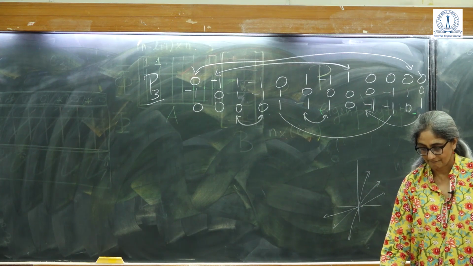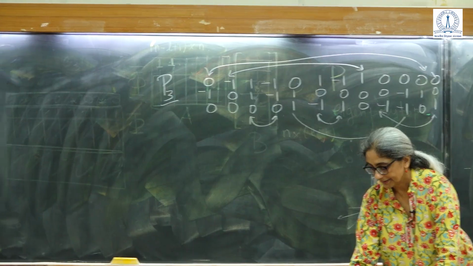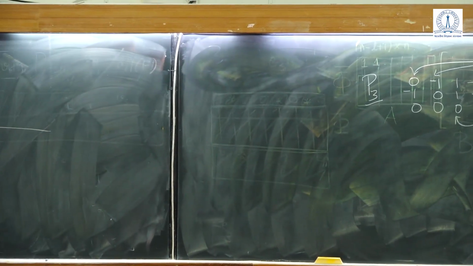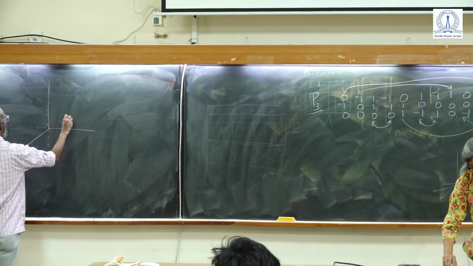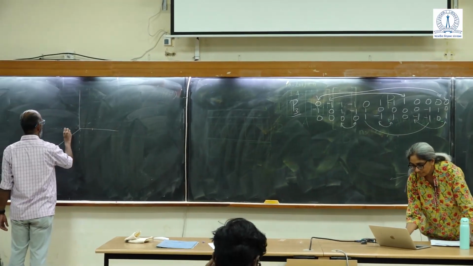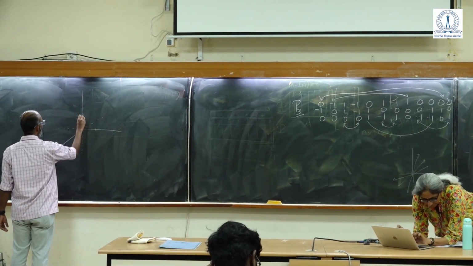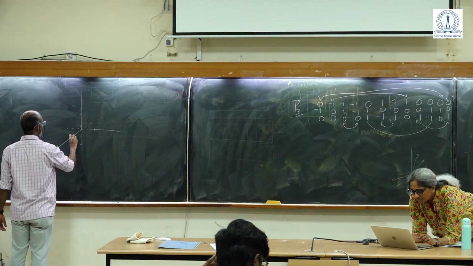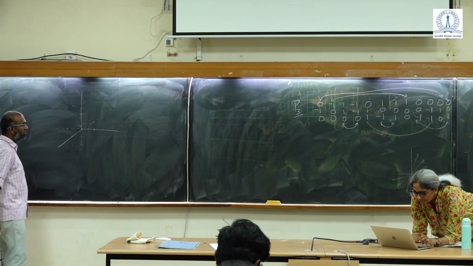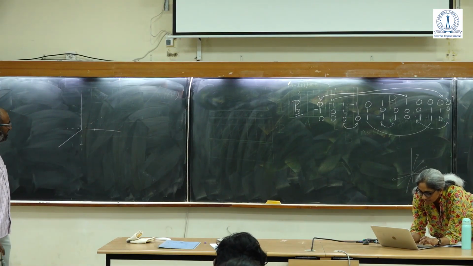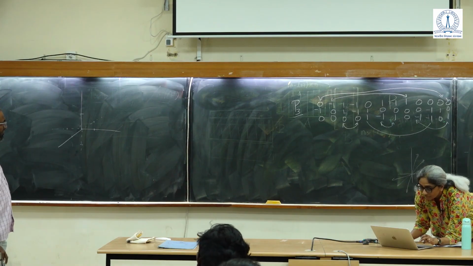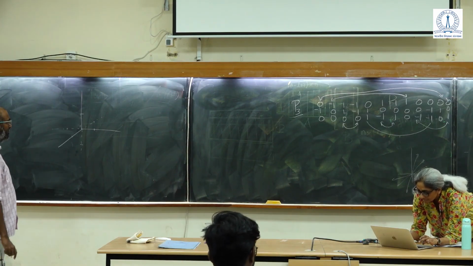We have E1, E2, E3, right? So we have the faces of the sides of the vertices of the octahedron. And then 1, 1, 0.